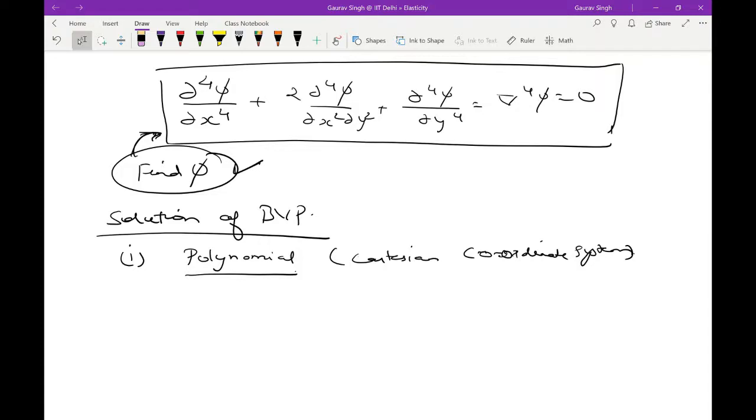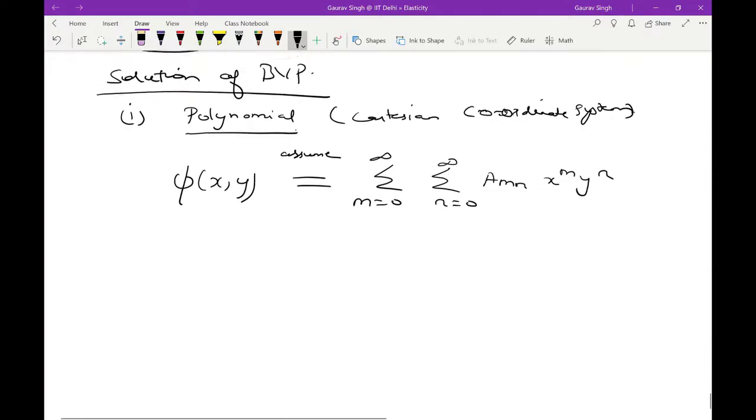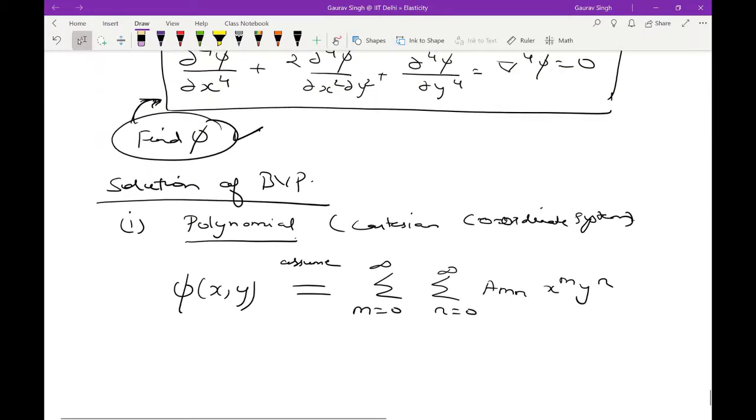So what you do is you assume that phi xy is actually a polynomial of this form. Okay, so the objective is again to find phi, and now if you have taken this form, the unknowns are amn, unknown constants.